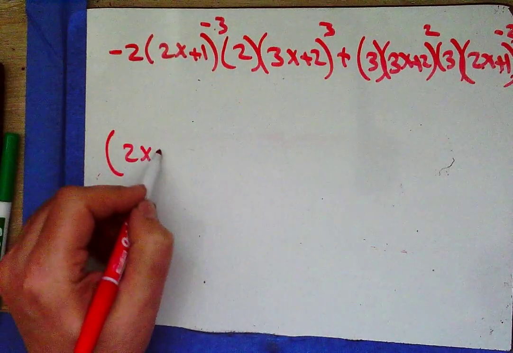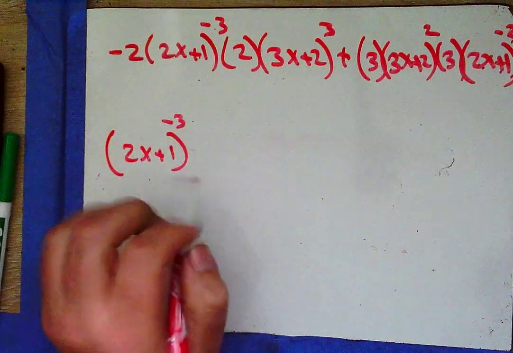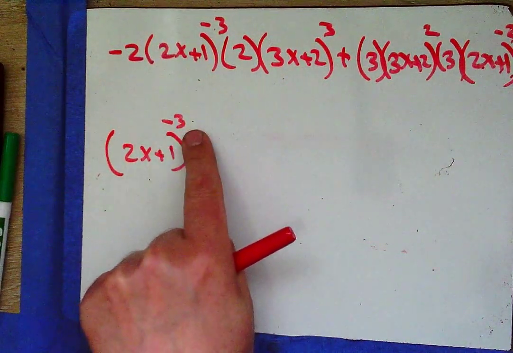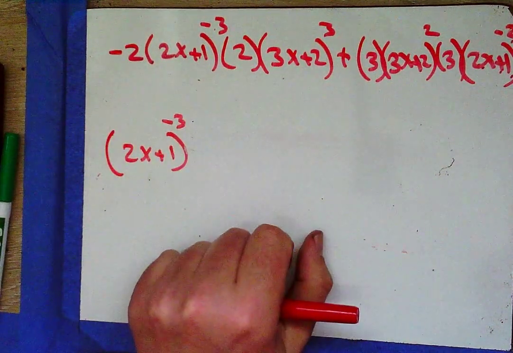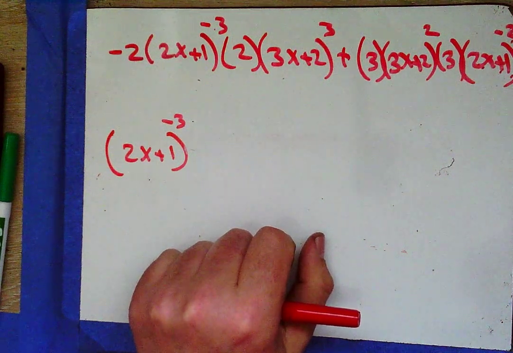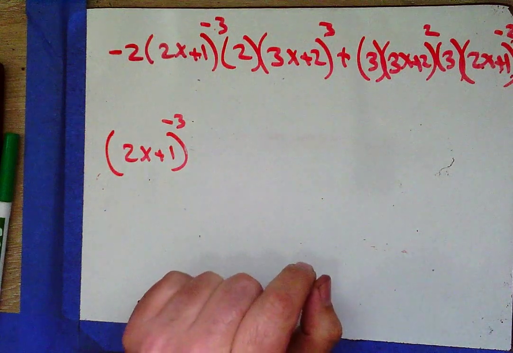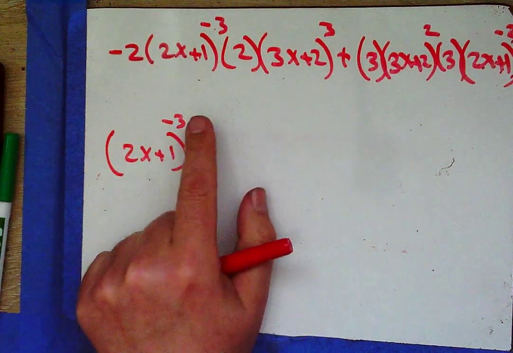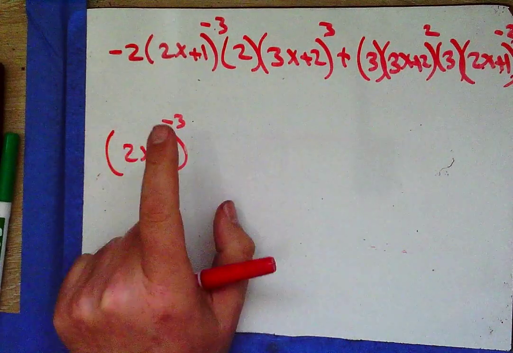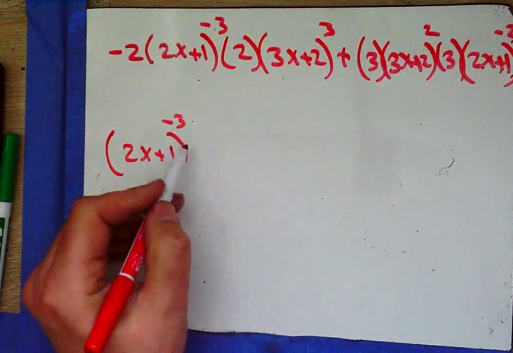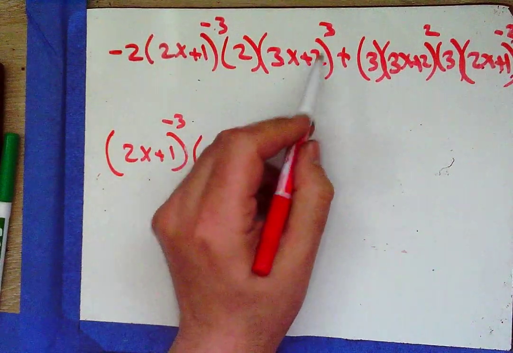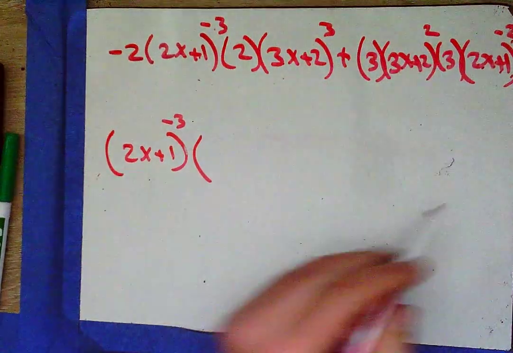So I'm going to pull out 2x plus 1 to the minus 3 because that's the smallest power. If you don't take the smallest power out, you're going to get in trouble. You're going to get to a place where you're stuck and you can't factor it and you're all sad. And don't be sad, just remember that negative 3 is smaller than negative 2 and take that one out. Okay, and what else? 3x plus 2 to the third, 3x plus 2 to the second.